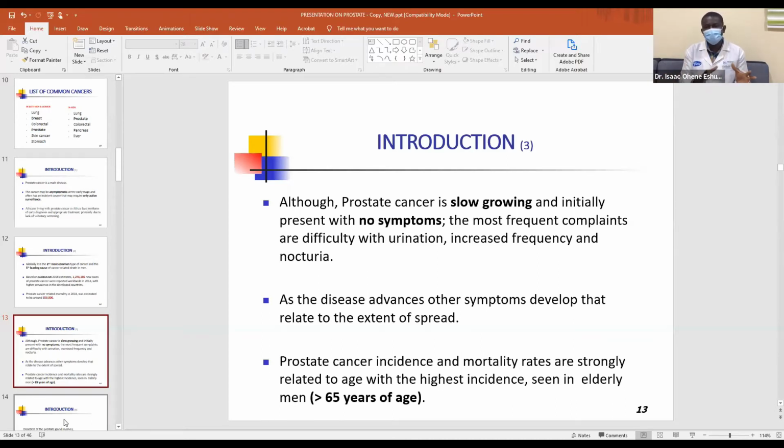But there is an overlap in the symptoms, so we should take note of that. We are saying that prostate cancer incidence and mortality rates are strongly related to age, with the highest incidence seen in the elderly. So we'll go to another slide that will show us the incidence. Realize that as one ages, usually above 55, the incidence of prostate cancer also increases. So we should also take note of that.